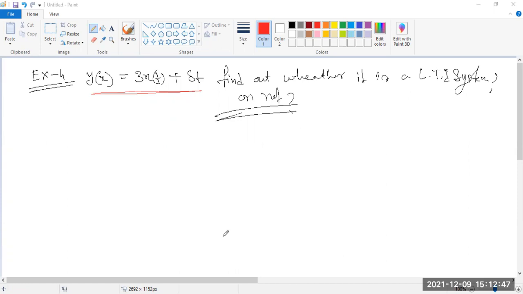Poonam, Preeti Kumari, please do it in your own copy and examine it. Then I will explain.